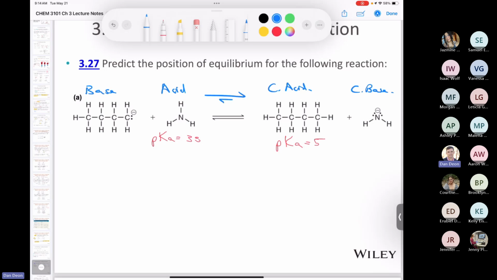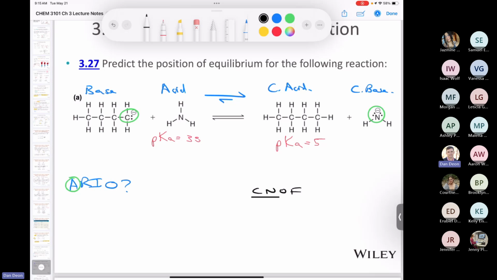So pKa's are always going to work. But could we use ARIO in this case? Let's take a look, okay? You see the negative charge is on a carbon on the left, and the negative charge is on a nitrogen on the right. Which one of those two elements is better at stabilizing a negative charge? Well, remember, carbon and nitrogen are in the same period, and so we go off electronegativity.